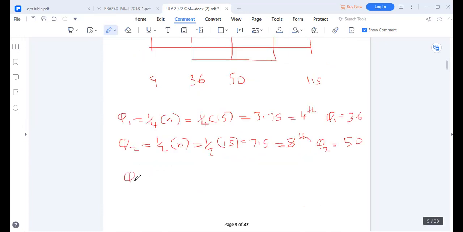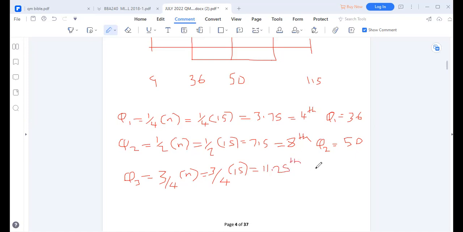Then we go to the third quarter, which is 3/4 of what? N. And here we have 3/4 of 15. How do we get here? 0.75 times 15, 11.25. You round up. Some people make a mistake to round off to 11.